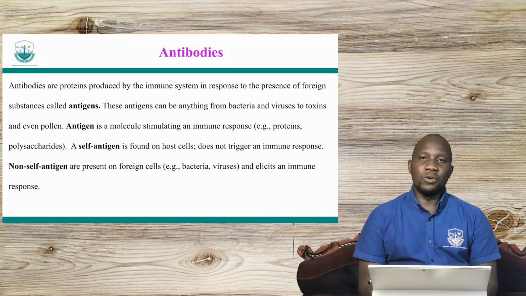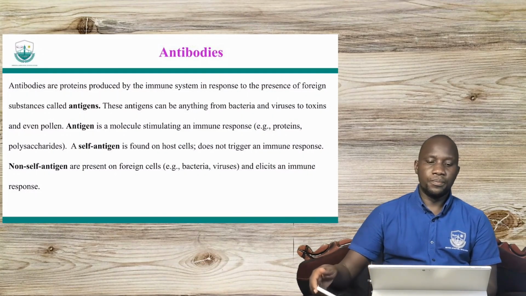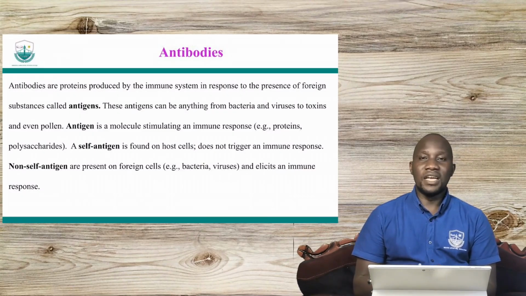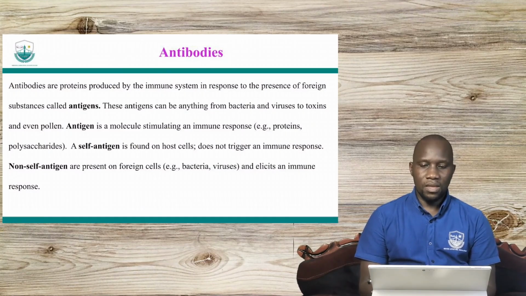So whether we have bacteria, fungi, viruses, or parasites, anything that we are dealing with will be recognized as an antigen. So anything that can trigger an immune response is what we term as antigen.